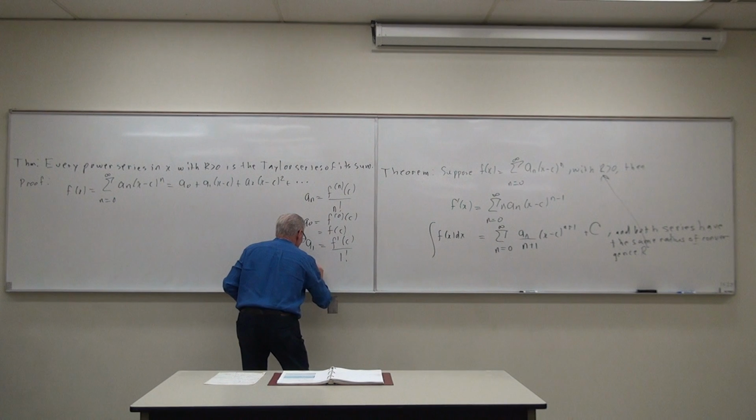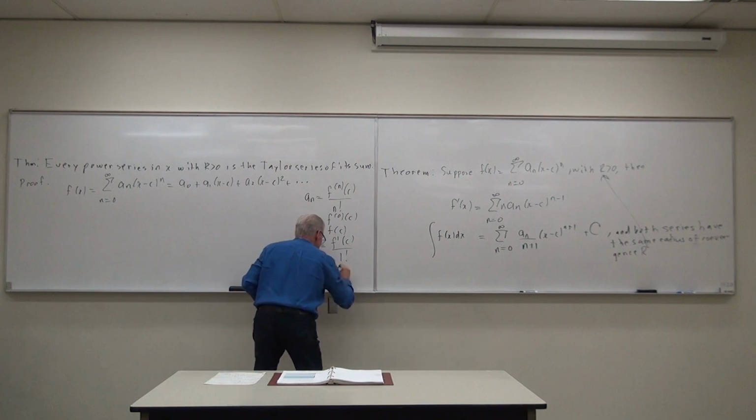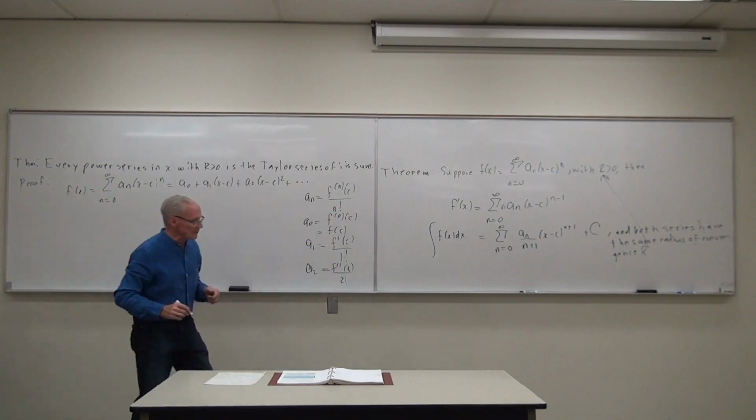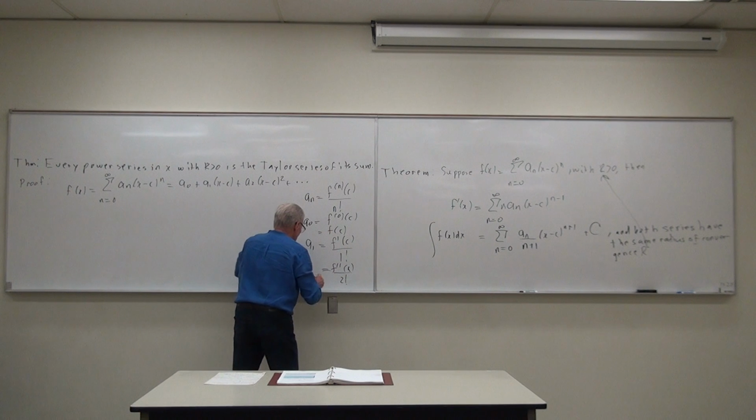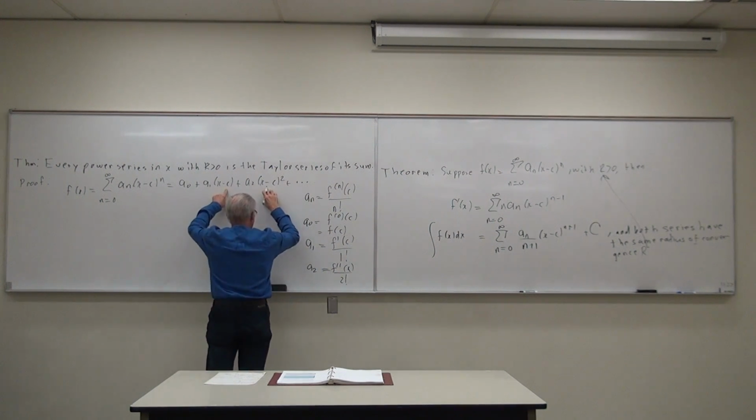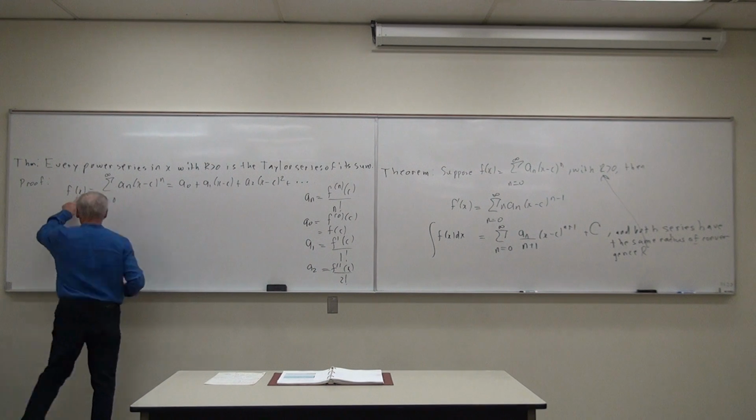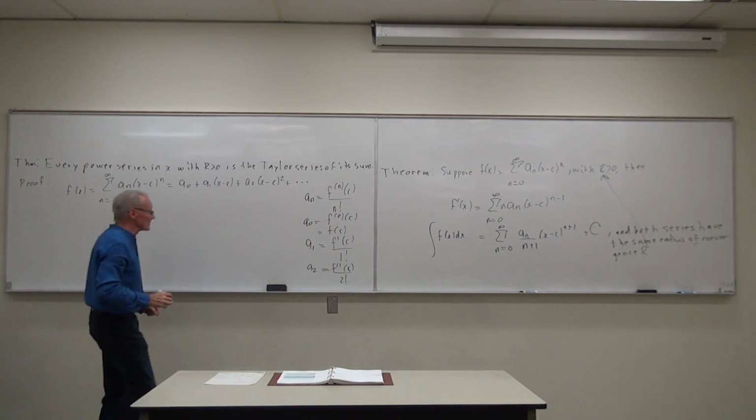I have to prove that a sub 2 is the second derivative at c over 2 factorial, and so on. These are things that I have to prove if I am to prove that this is the Taylor series of it. All right, let's go for this one.